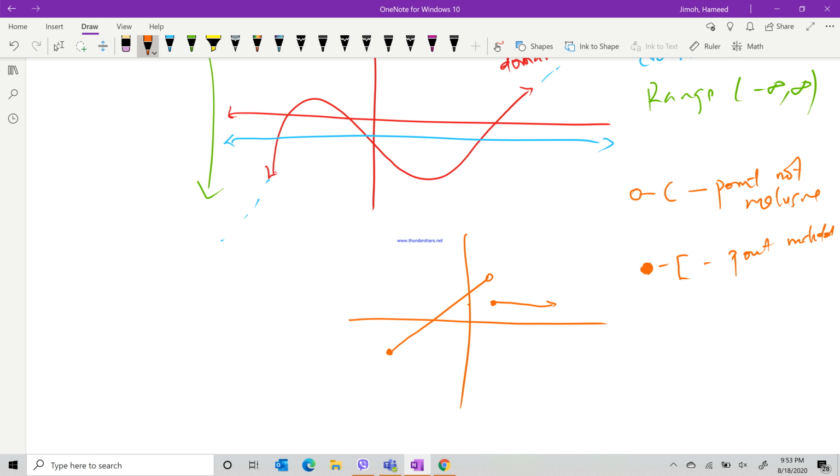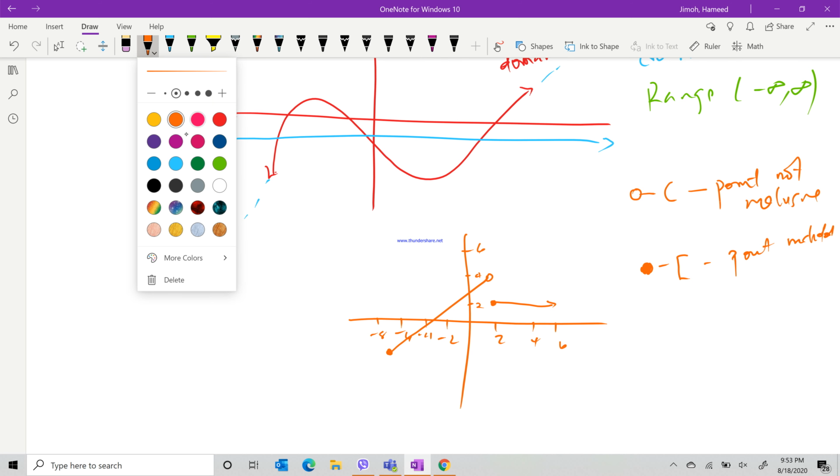For this graph, I'm just going to give some random values, because I can't draw a perfect graph here. Let me say this is 2, 4, 6, and then -2, -4, -6, and -8. We want to find the domain and the range of this function.